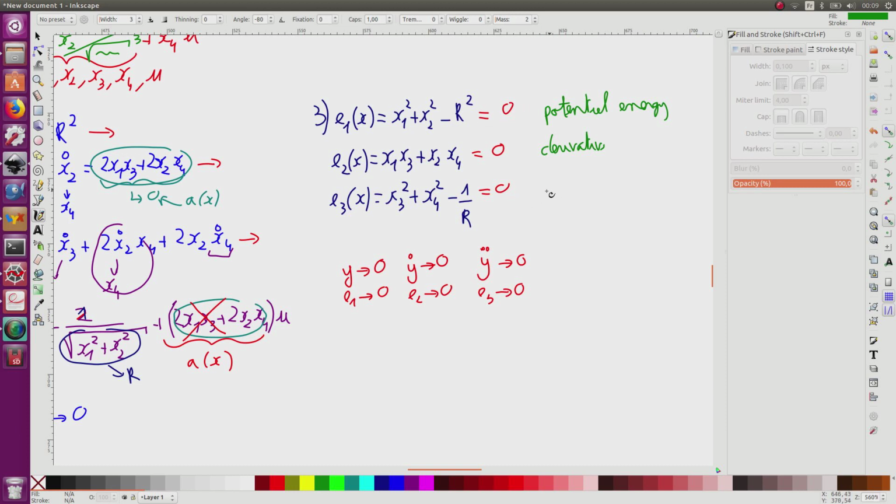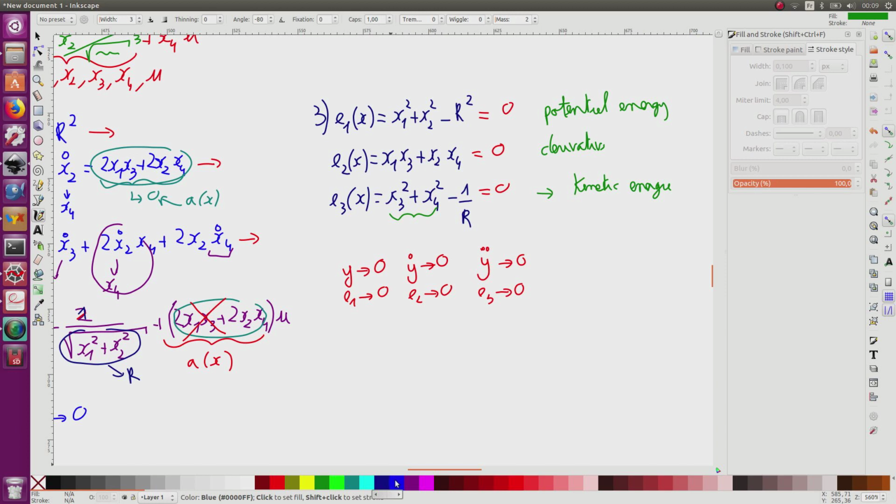And the last one corresponds to the kinetic energy. I mean, if I am on the circle with the right radius, then E3 will correspond to 0. So it is more or less, if I remove this constant, the kinetic energy. So this error has some meanings.